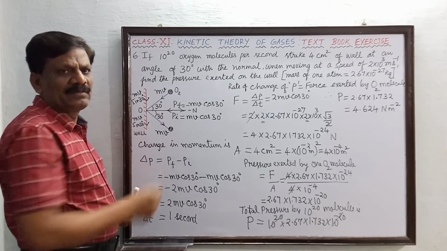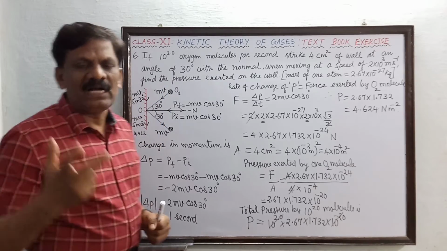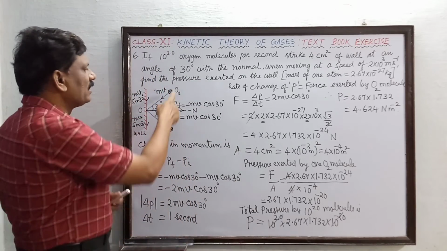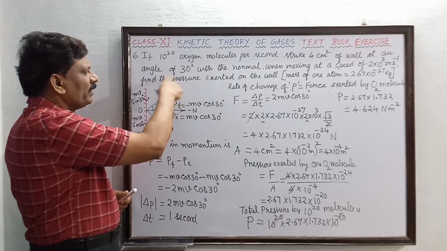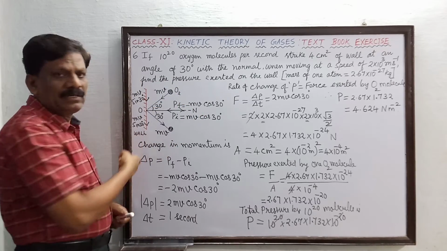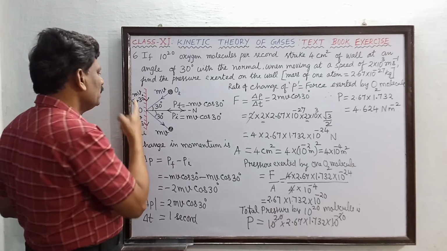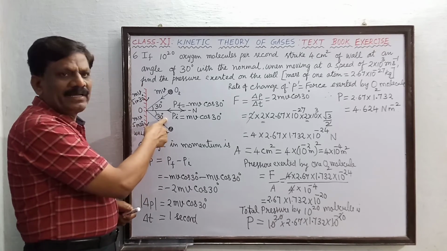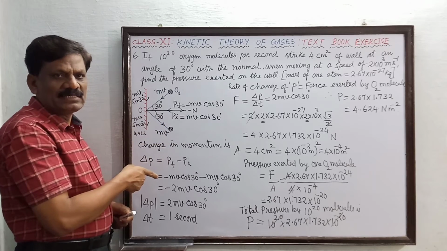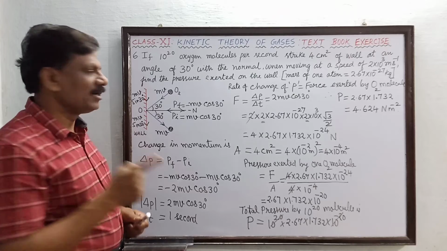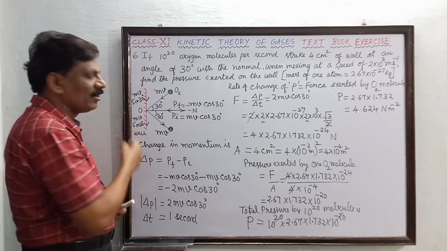So its momentum before collision is mv, and it makes 30 degrees with the normal to the wall. So we resolve the momentum into two components, one along the normal and the other along the wall. With the same momentum mv, it rebounds at the same angle theta away from the wall.